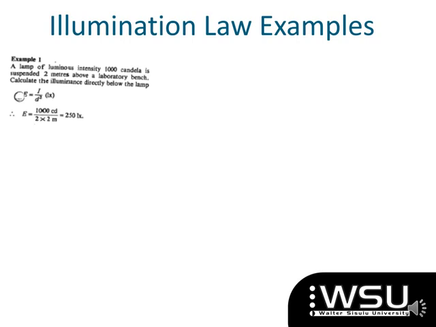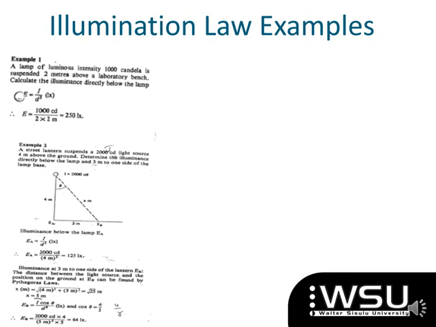Then they say calculate the illuminance directly below this lamp, and therefore you use the formula E is equal to I divided by d squared, which is 1,000 candela divided by 2 squared, giving you 250 lux.